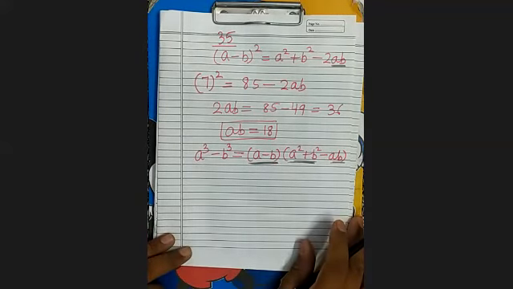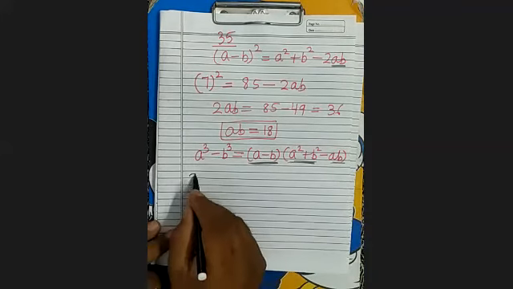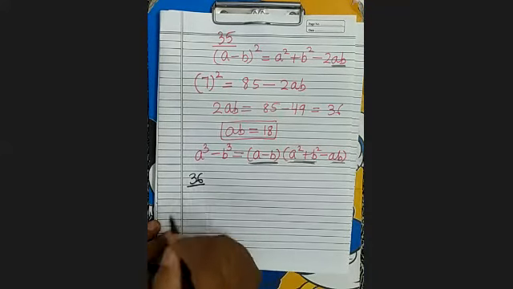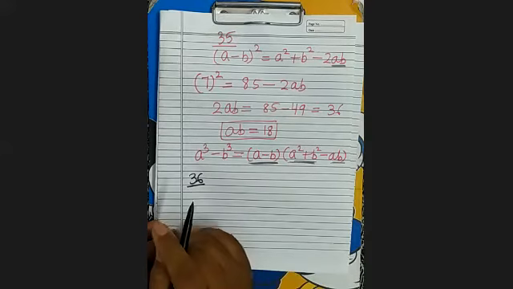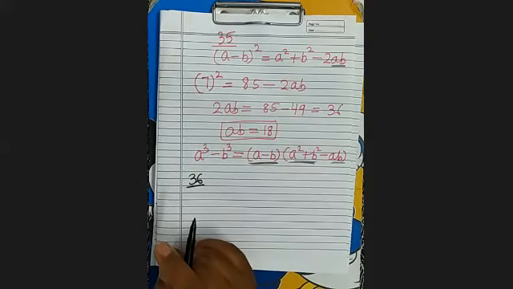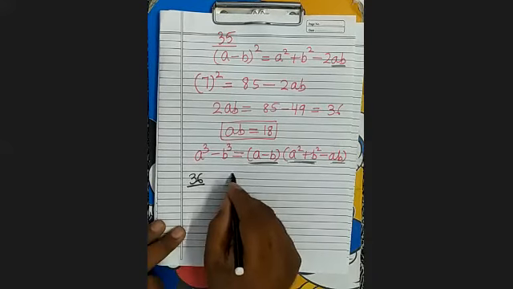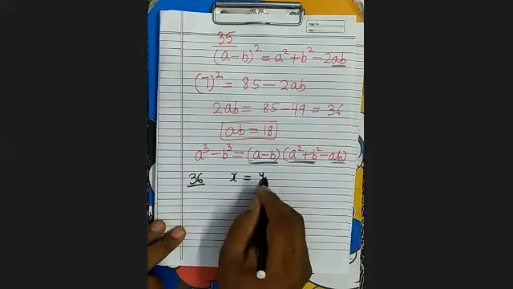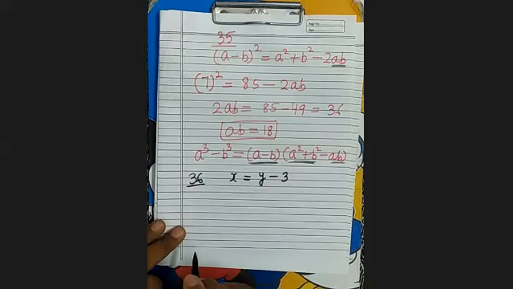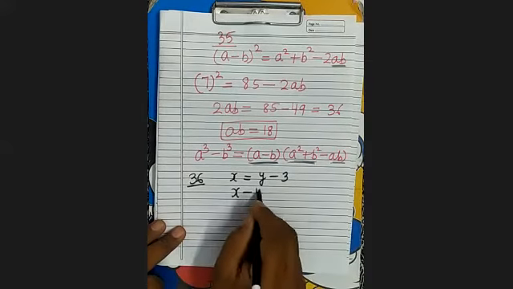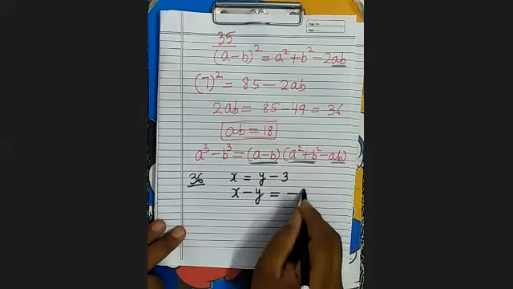Question number 36. If x is 3 less than the number y, that means x equals y minus 3, so x minus y equals minus 3.